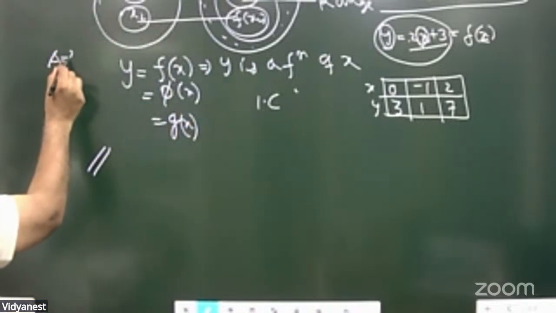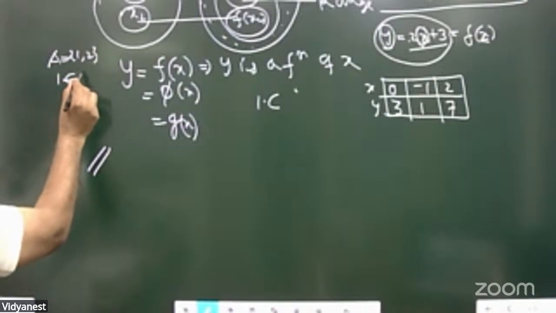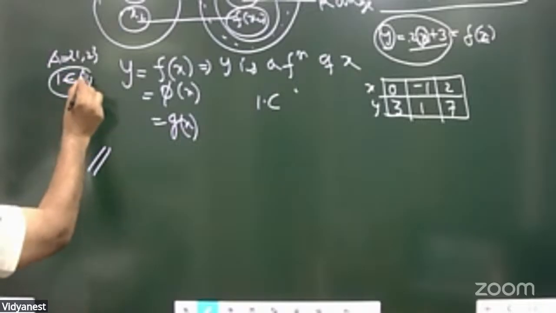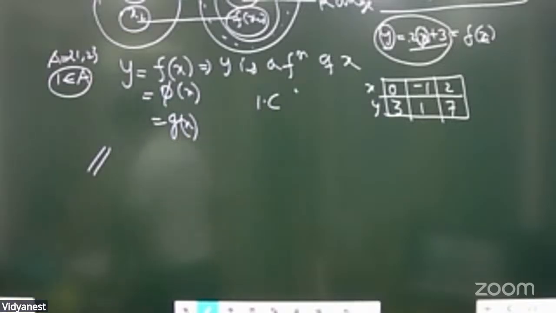You are quite familiar with the term, it is called belong to. 1 belongs to A. That is a fundamental property of set theory. Now I will show you one sum based on this fundamental theory of function. Though it will be fundamental, why it is so important will be disclosed in a short while.